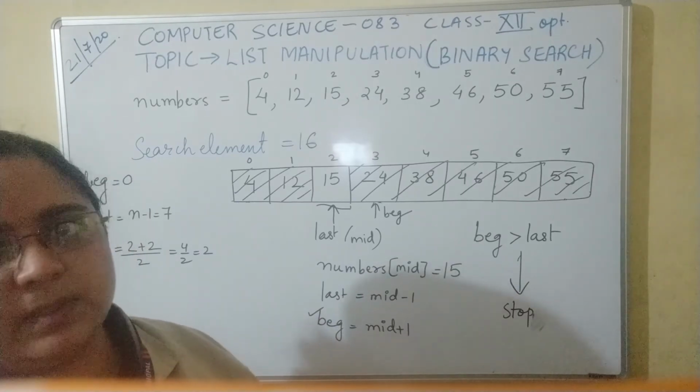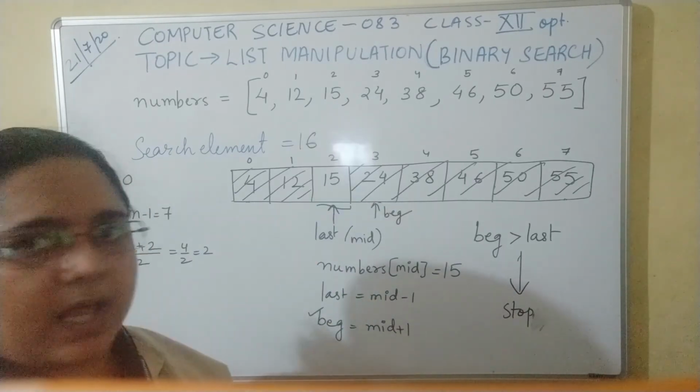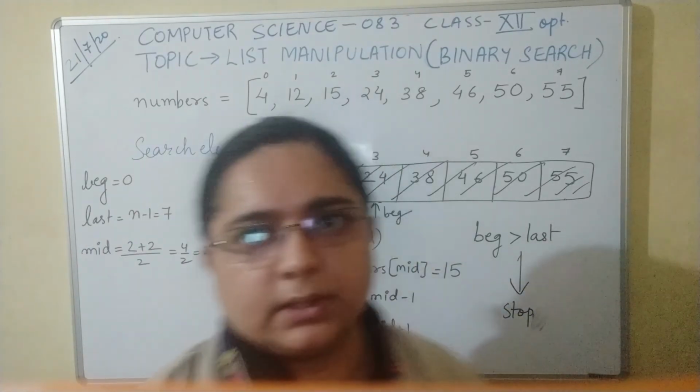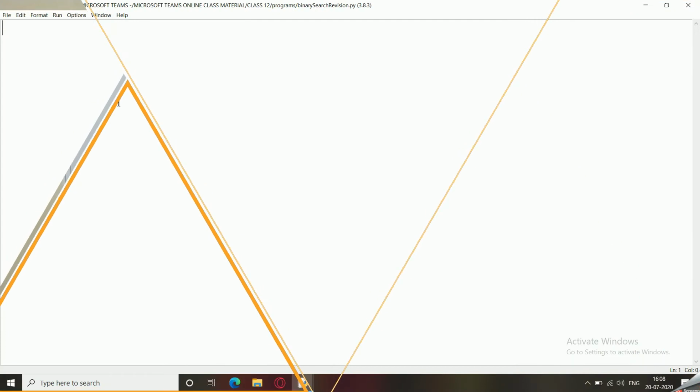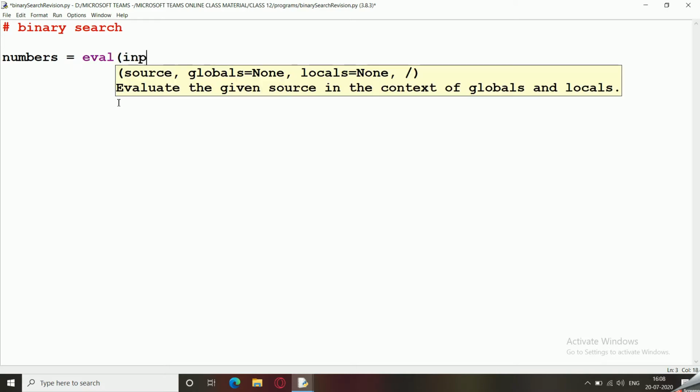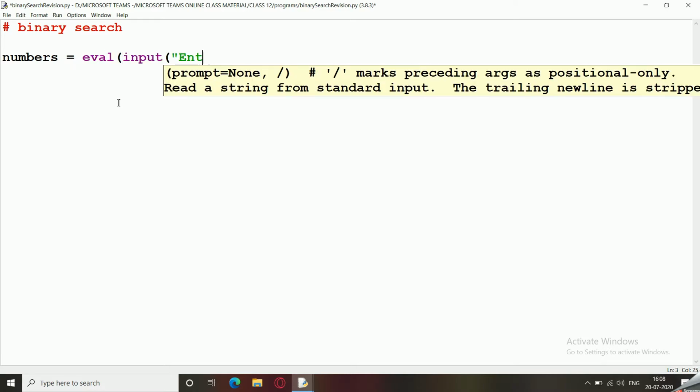So this we will be seeing in the form of a program. So for doing the program, let us move on to our computer. So let's see a program on binary search. So we first start with creating a list, and we will be accepting the list from the user. Hence I have written it within the eval function.